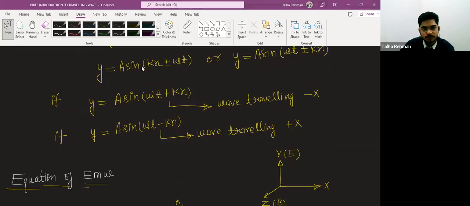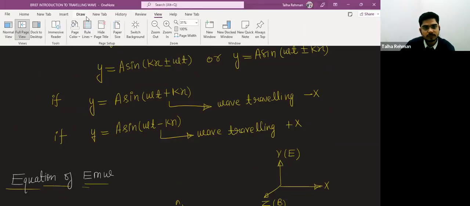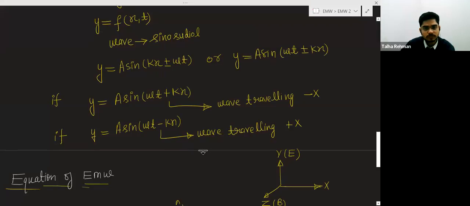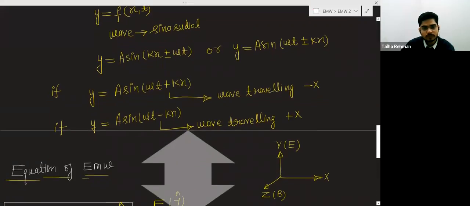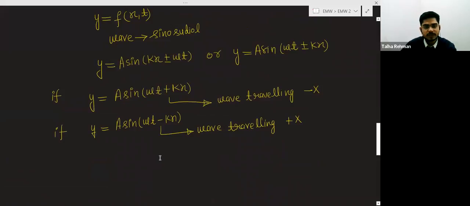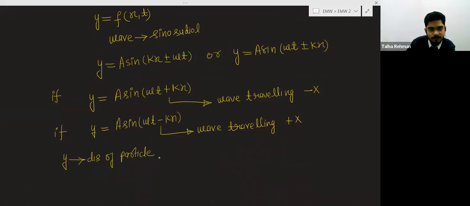Okay, so in this wave, y is equal to a sine kx plus omega t, what are these values? Basically here y is the displacement of the particle. A is the maximum displacement of the particle, and this is known as the amplitude.